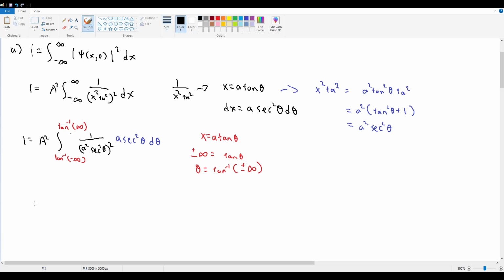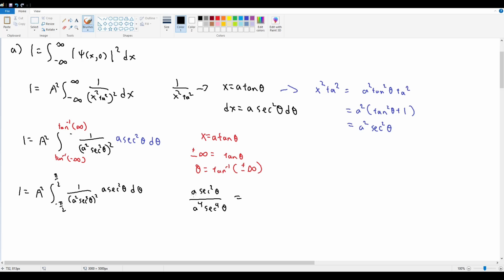So let's rewrite this. 1 is equal to A squared times the integral from negative pi over 2 to positive pi over 2 of 1 over (a squared secant squared theta) squared times a secant squared theta d theta. Okay, now let's do some cancellation. A secant squared theta divided by a to the fourth secant to the fourth theta, right?